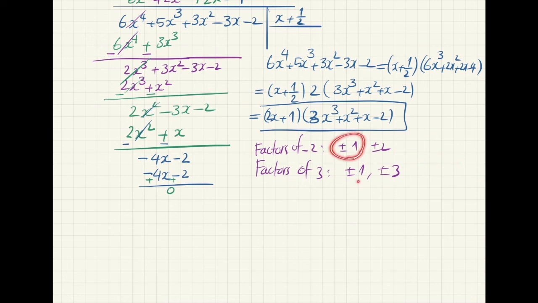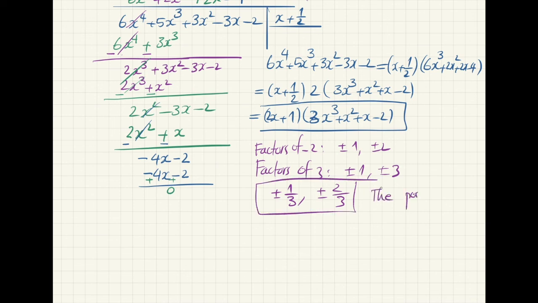If I divide this by this, it becomes plus or minus 1. I don't need it. If I divide this by this, yes, that's a candidate, so it becomes plus or minus 1 over 3. If I divide this by this, it doesn't work because it becomes plus and minus 2, which is not actually acceptable in this case. And then I divide this by this, I will have 2 more candidates, plus or minus 2/3. So these are the possible rational roots.